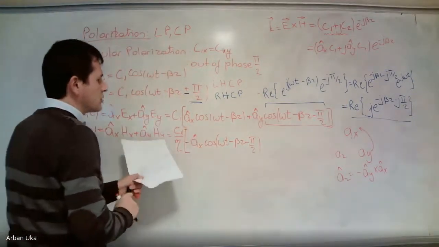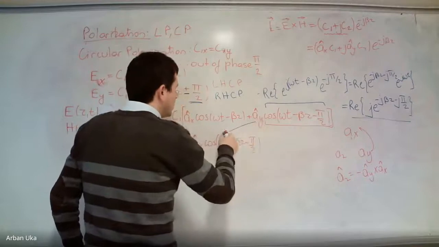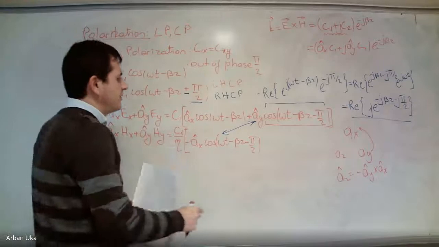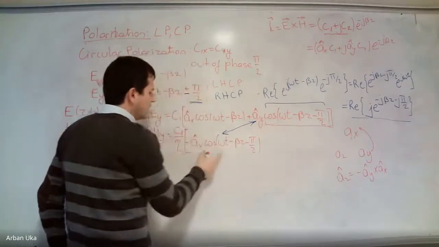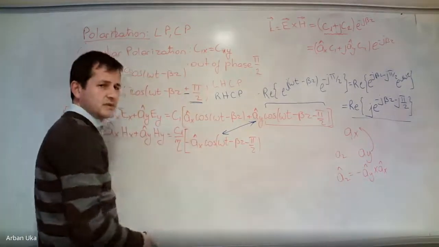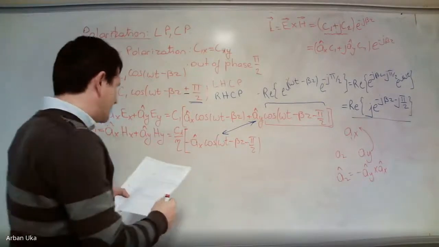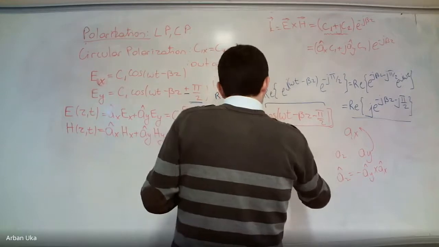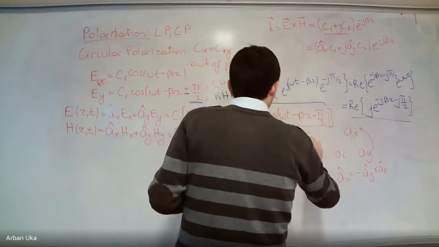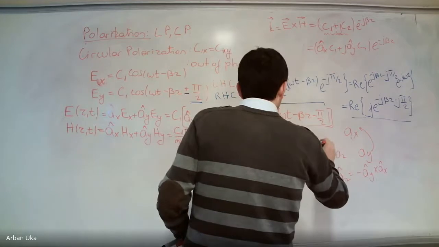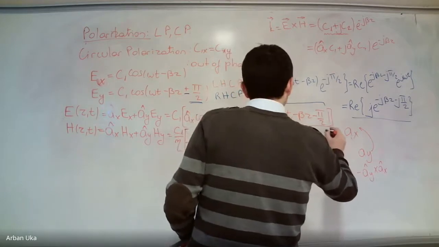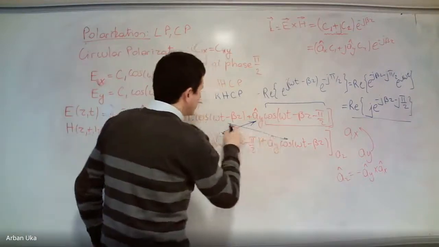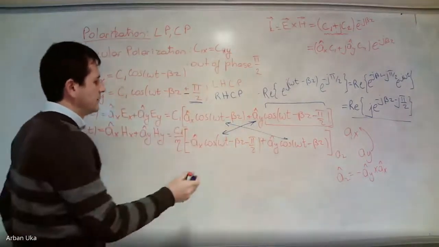If you watch closely, these two are associated like this: the phase in this component of a_y should match with the phase here. Then we continue, plus a_y times cosine omega t minus beta z, and these two are in phase with each other.